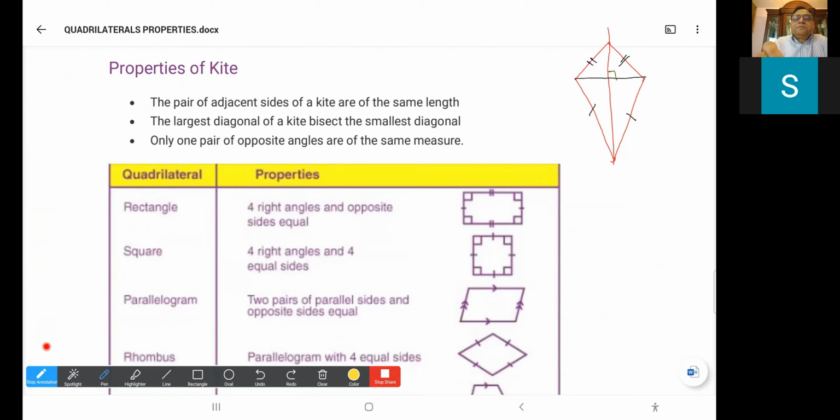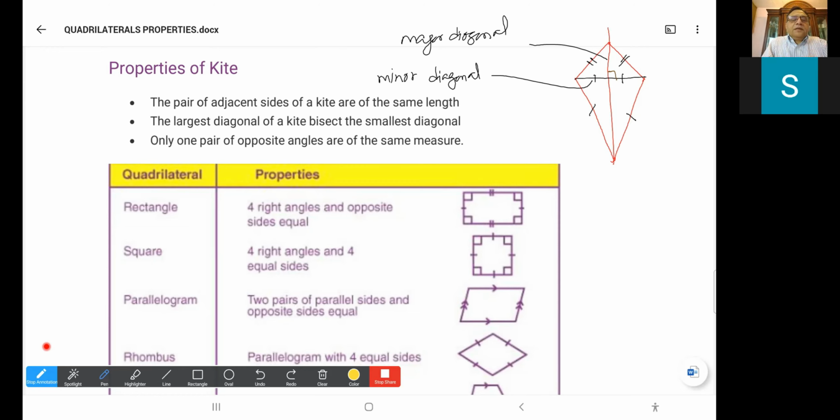Is it okay? So this is smaller, the minor diagonal, and this is major, bigger. The minor diagonal is bisected by the other diagonal, so its halves are equal. Is that clear to you? Yes, sir.